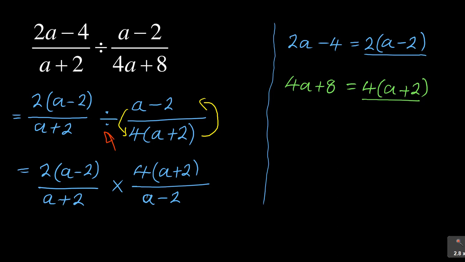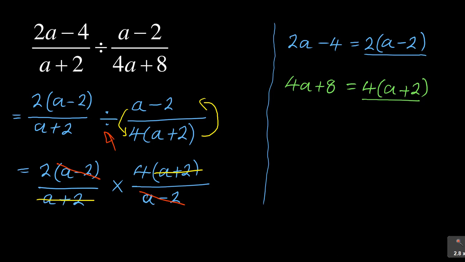When you've done that, you are then able to cancel out whatever is common. You've got a plus 2 common, so it goes, and again you have another one common, a minus 2 and a minus 2. You must see that I'm cancelling it as a whole. You are not cancelling a and a; you are cancelling a minus 2 as one thing with a minus 2 as one thing.